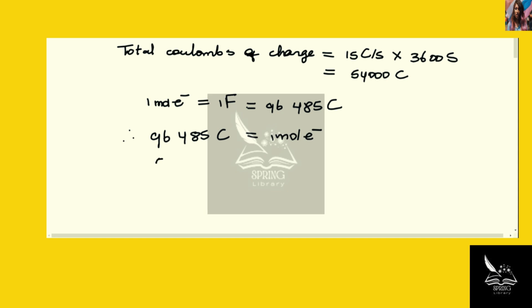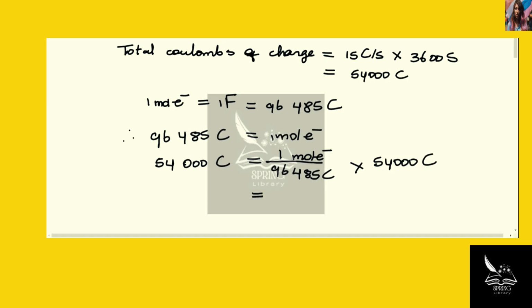So therefore, 54,000 coulombs is equal to 1 divided by 96,485 coulombs multiplied by 54,000 coulombs. And that is equal to 0.56 moles of electrons. So therefore, 0.56 moles of electrons flow through the aqueous solution.